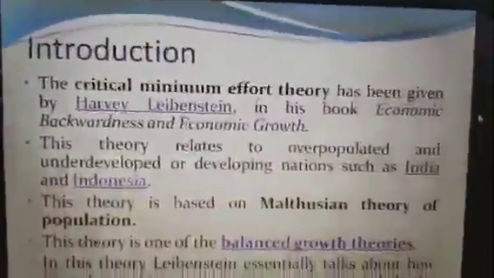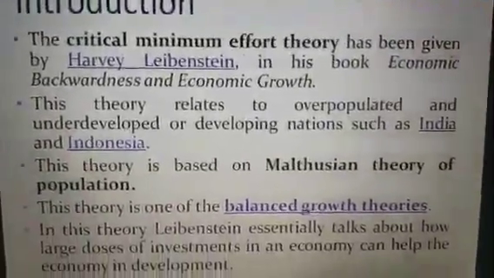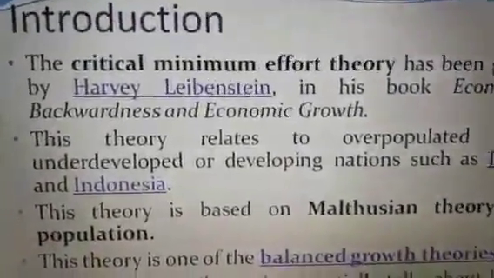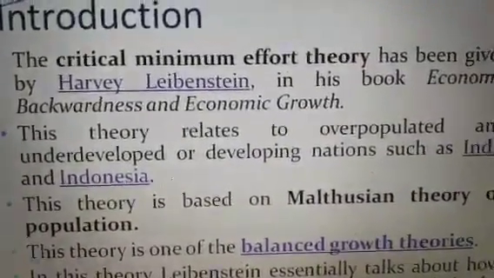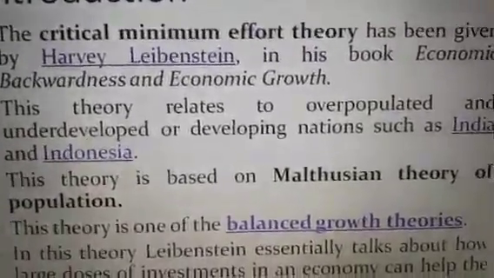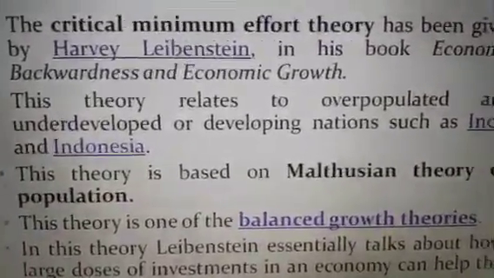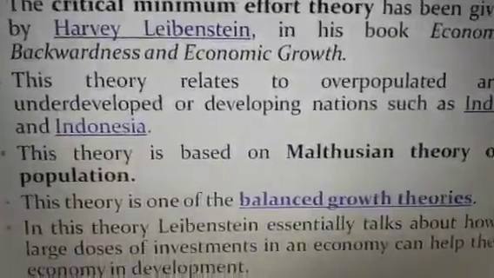So dear students, the critical minimum effort theory has been given by Harvey Leibenstein in his book Economic Backwardness and Economic Growth. This theory relates to overpopulated and underdeveloped or developing nations such as India and Indonesia.